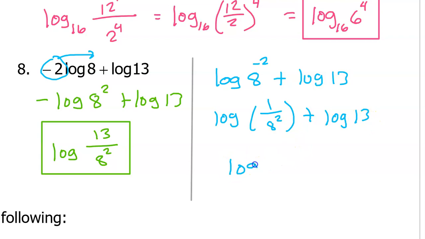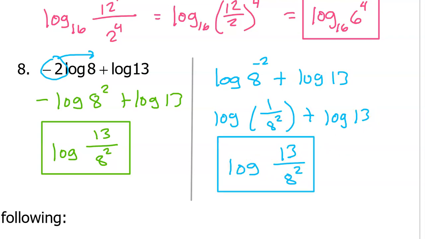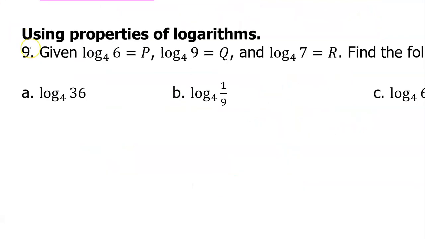But when you do that, you get the log of 13 over 8 squared. 13 times 1 over 8 squared is 13 over 8 squared. Kabam!